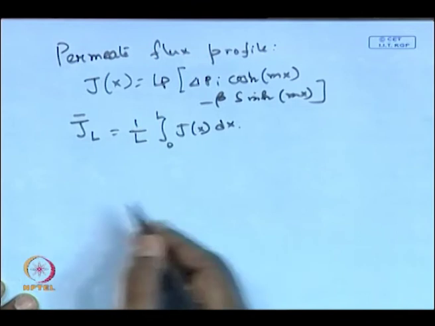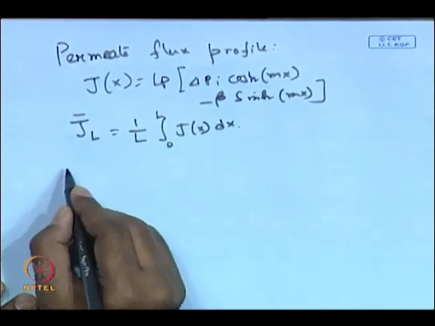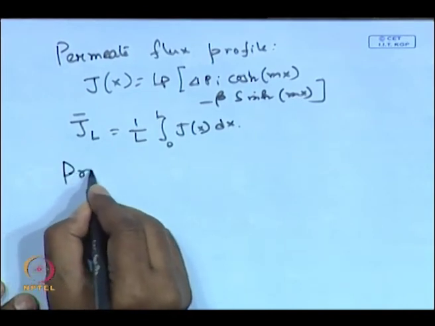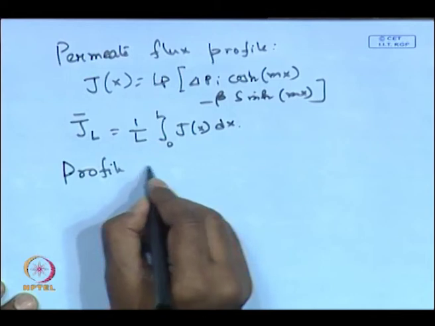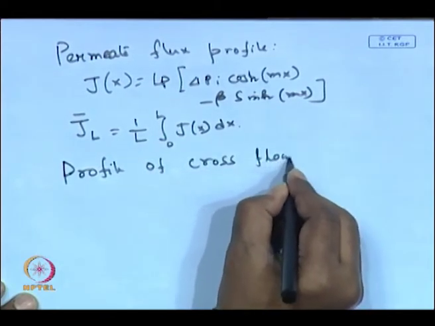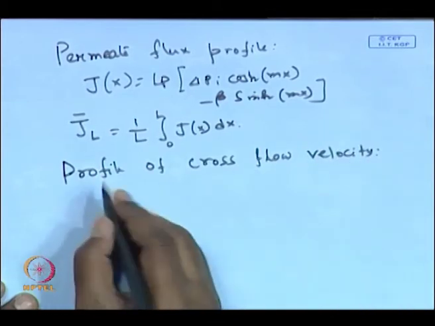Similarly, as we have discussed earlier, one can get the expression of the profile of cross flow velocity. We can do the same thing. I am just writing the final expression.